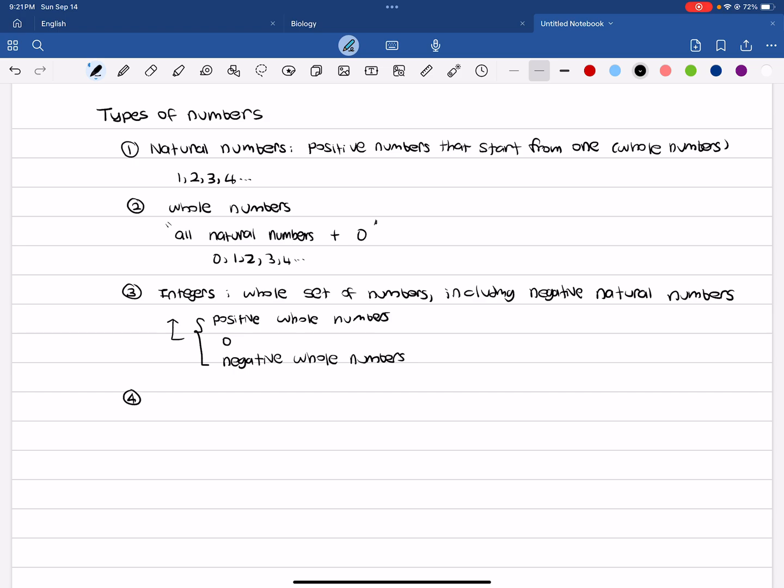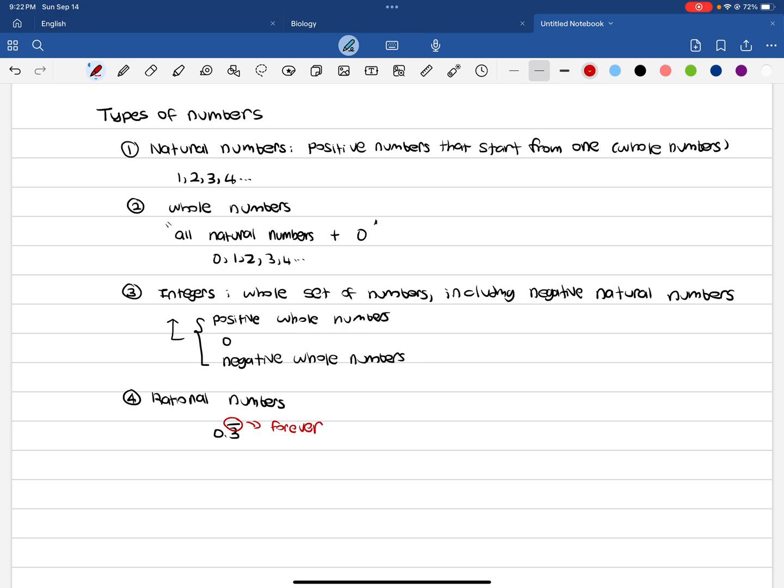We have rational numbers, and these are all sets of numbers that can be written by dividing one integer by another. It's just any number that's a fraction, a ratio, anything. So it can be 0.33333, and this means that it goes on forever.